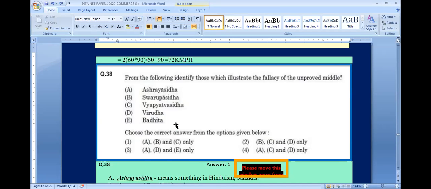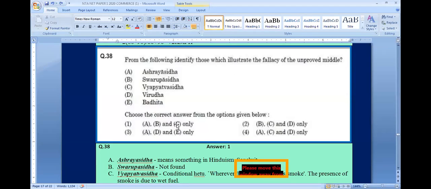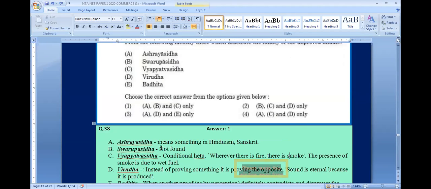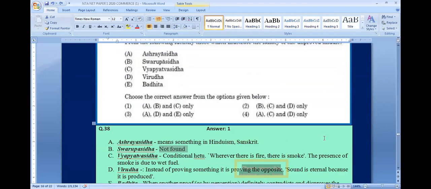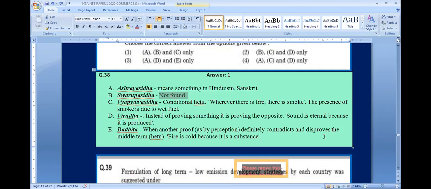Okay, let me check out B. Swarupasiddha, which is not found. Which is not found is equivalent to not proved. So if you know the meaning, it is easy. Otherwise, it is tough.